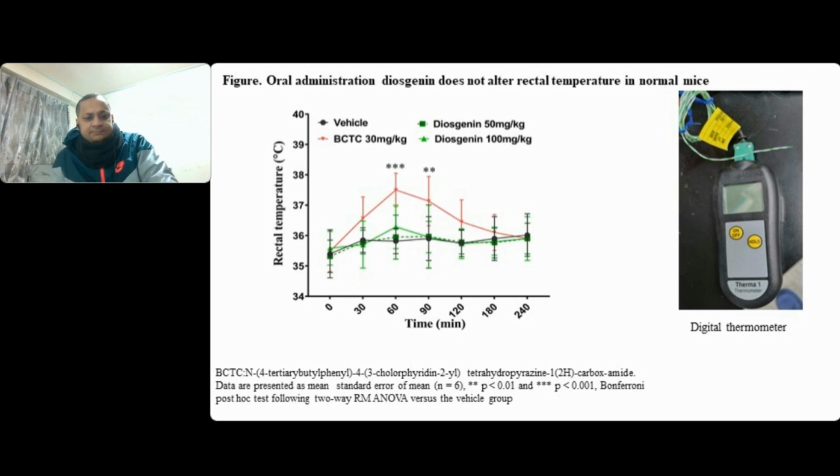We injected BCTC and a similar dose of Diosgenin, and we evaluated the rectal temperature with this digital thermometer in a time dependent manner. We found that after injection, BCTC temperature increased significantly, but Diosgenin had no significant effect. So it's very nice.